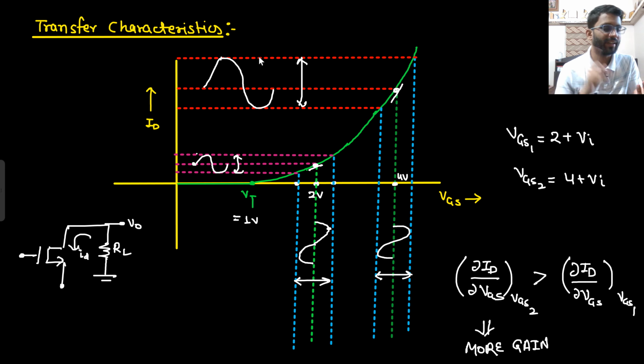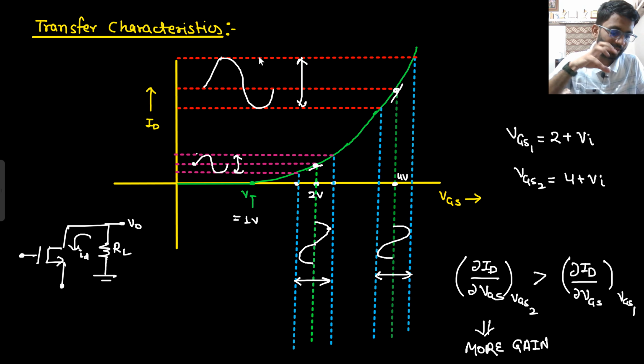First, you are operating it as an amplifier, so it has to be turned on. It cannot be in cutoff. If it is turned on, there are two possible regions, linear and saturation. So you do not bias it in linear, you bias it in saturation. Why we bias in the saturation region, we will see later on.